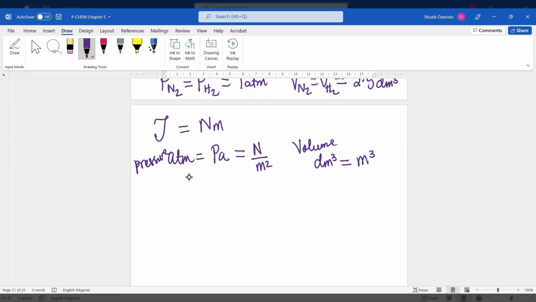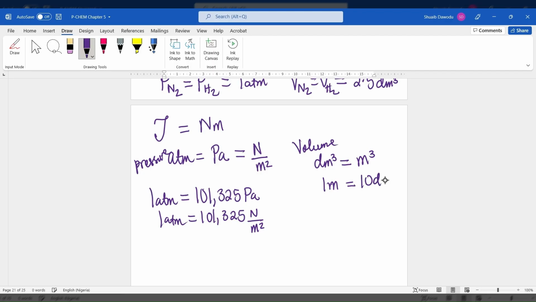So to do that, we've got 1 atmosphere, which is actually equal to 101,325 Pascal, or 1 atmosphere is equal to 101,325 Newton per meter squared. And then for dm cube, we know that 1 meter is equal to 10 decimeter.